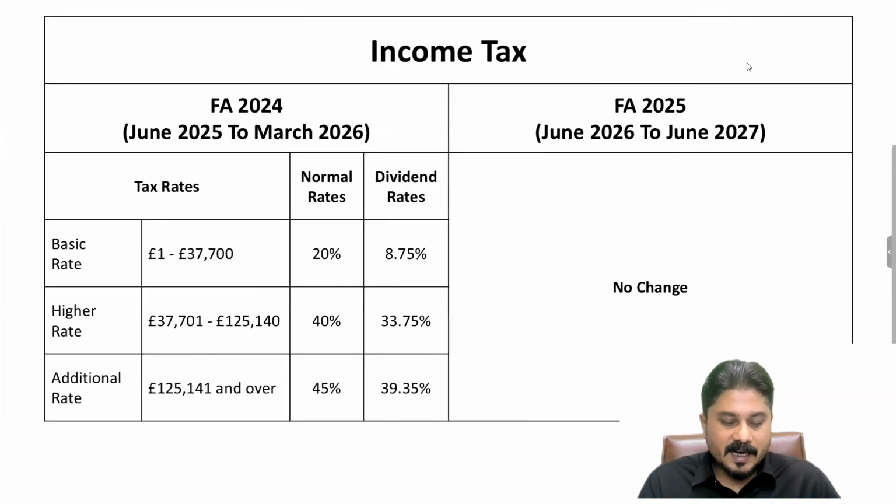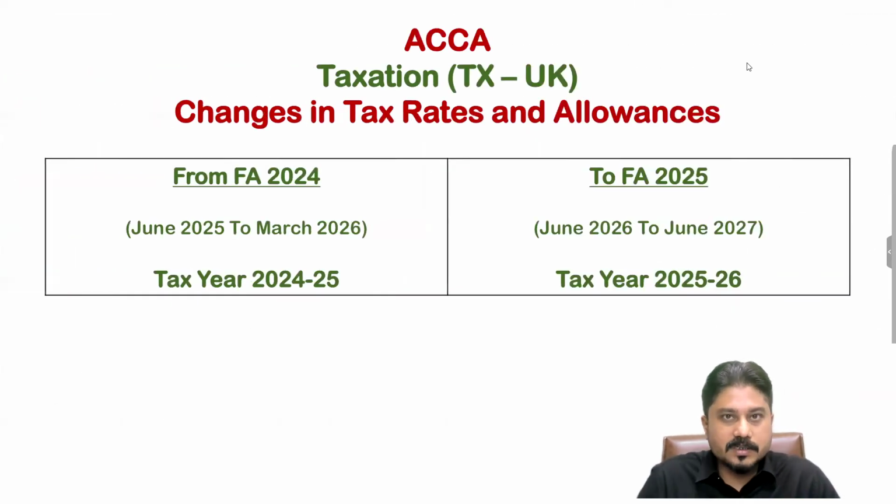Thereafter, there are no major changes in the course, in the tax rates and allowances. There are changes in the employment income for car benefit percentage, for fuel benefit percentage, for van benefit percentage, for van benefit amount. And thereafter, change in the personal pension years. Thereafter, there is a change in the value added tax, the penalty thing. No change in IHT.